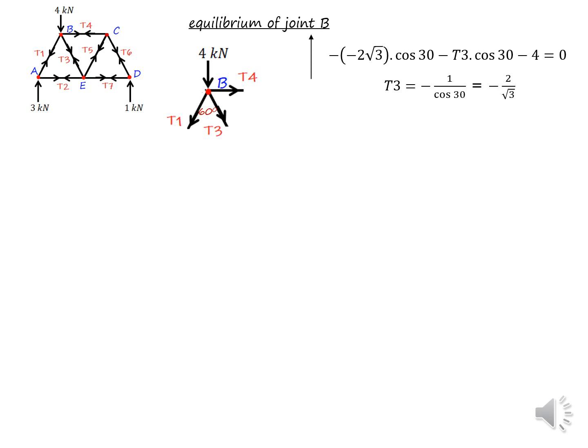So add all the three components, which should be equal to 0. There is only one unknown, T3, in that equation, so we can get T3 as minus 2 divided by root 3.